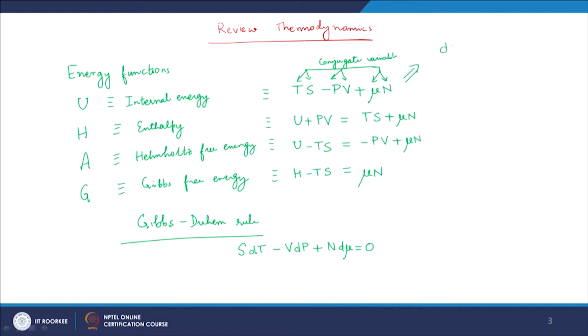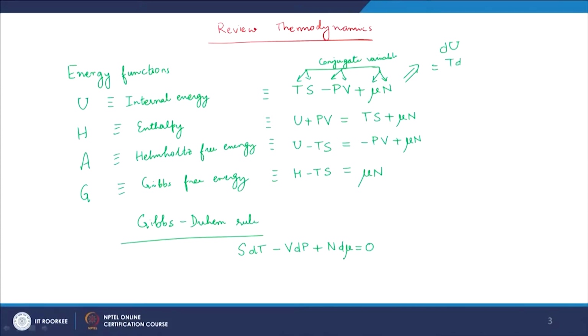So, now if I do a dU, that is called a total derivative, then I can use the differentiation rule. So, derivative of Ts becomes T dS plus S dT. Similarly, we have minus P dV minus V dP.